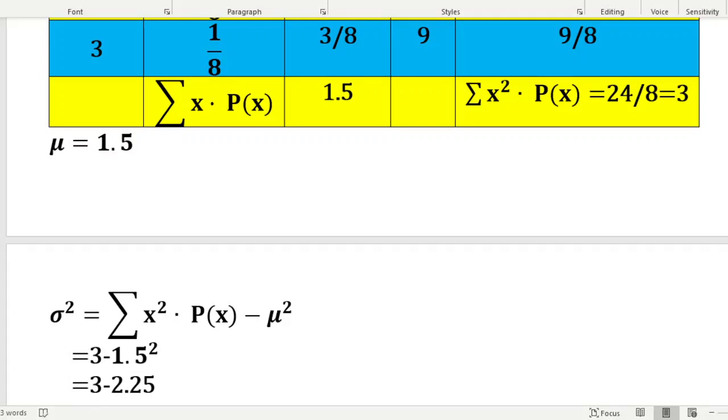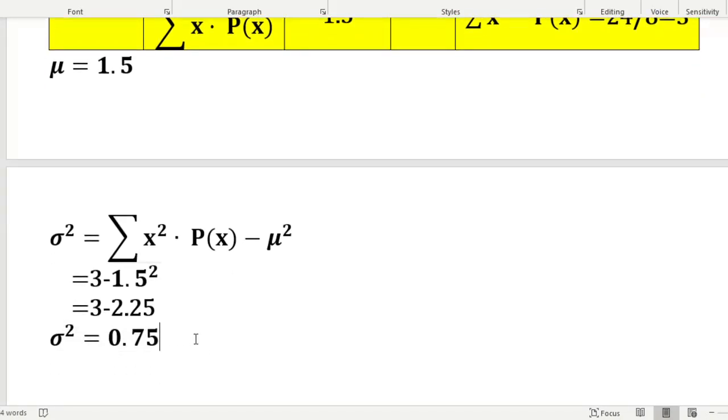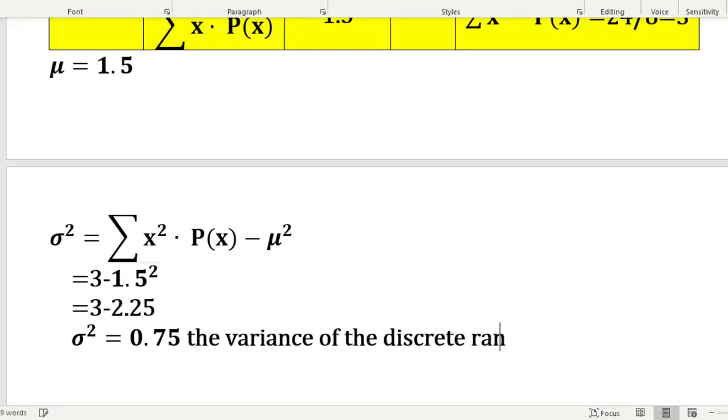And 3 minus 2.25, that is now the value of our variance, which is equal to 0.75. In other words, the variance is 0.75. And this is now the variance of the discrete random variable.